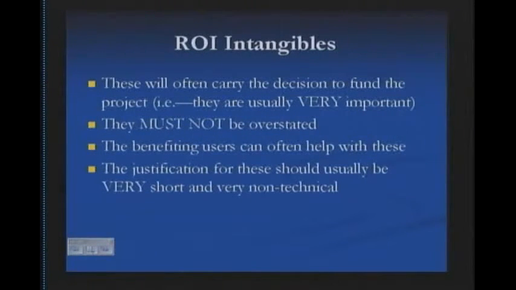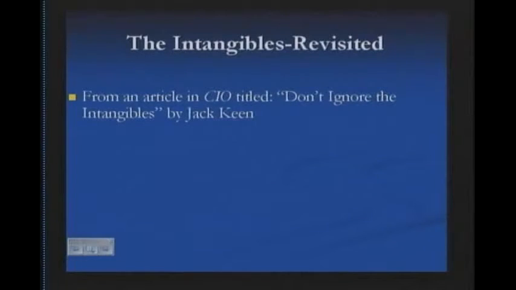The justification for these should usually be very short and non-technical. Let's admit to ourselves that oftentimes trying to put dollar signs against intangible benefits makes us nervous. We don't like guessing wildly in the dark, and that's the way it seems to be sometimes when we try and put dollar figures against intangible benefits.